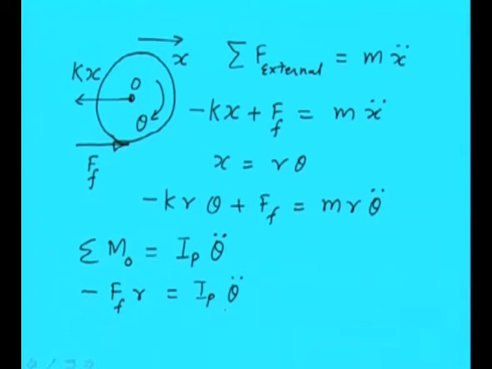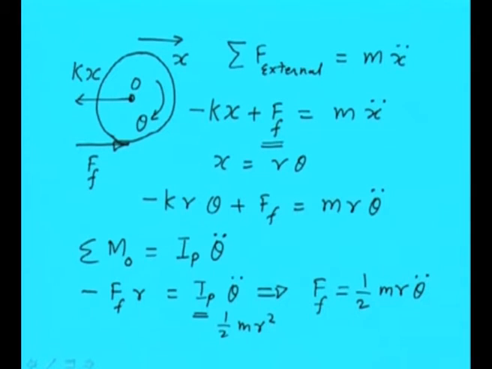So you can see that the friction force we have got from this, we can even write I_P as half m r square. So we'll get half m r theta double dot as the friction force, and this friction force we can substitute here.